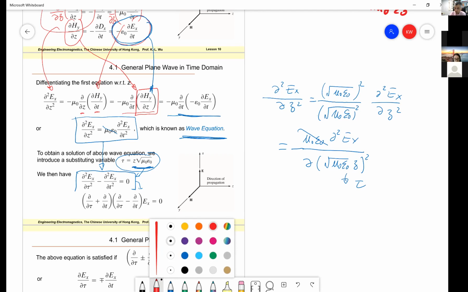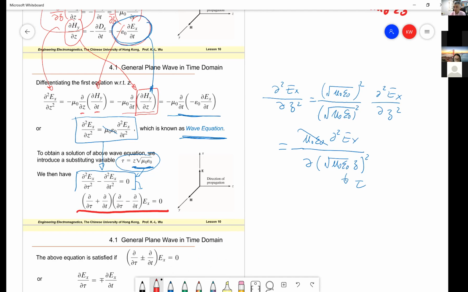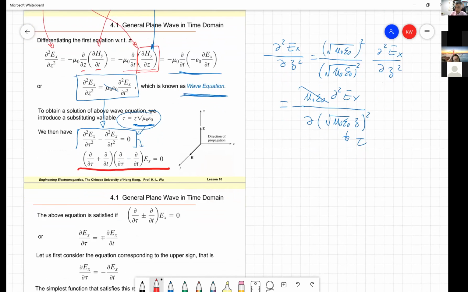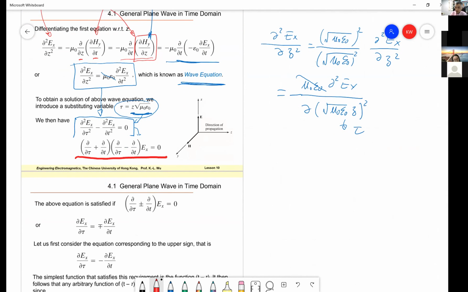If A times B equals 0, that means either A equals 0 or B equals 0, or both equal 0. So when this equals 0, the above equation is satisfied: either this equals 0 or this equals 0, so we have a plus or minus sign.